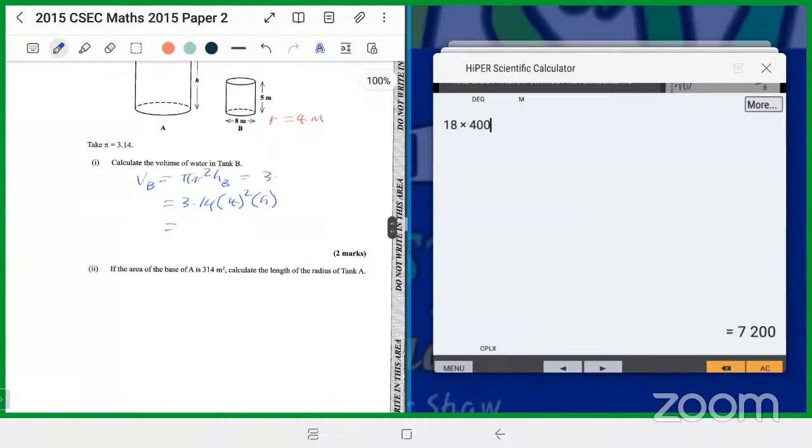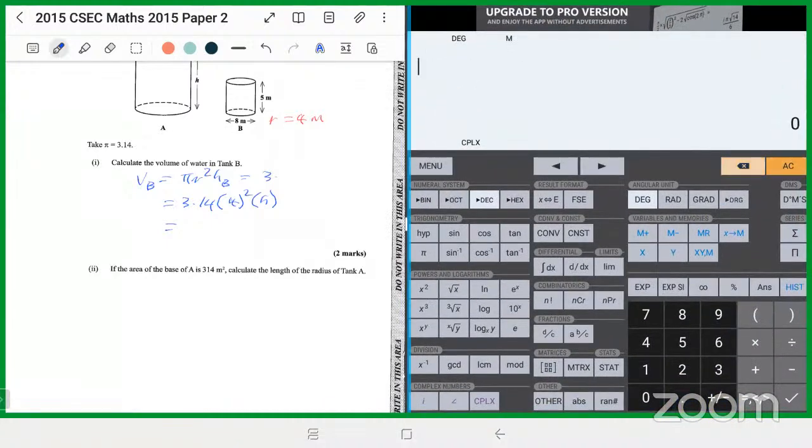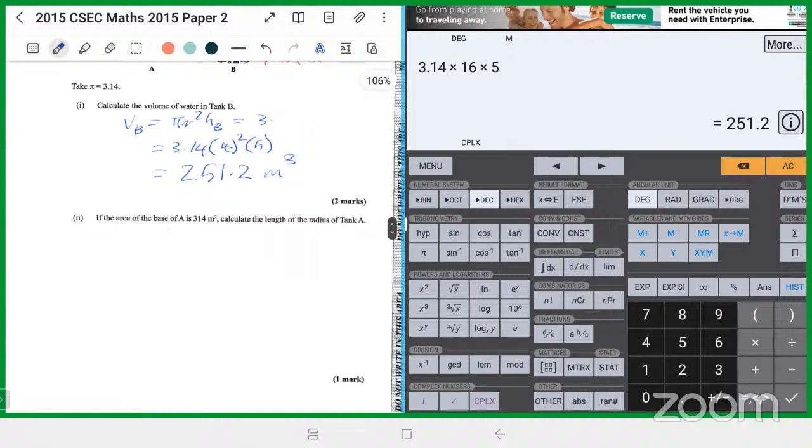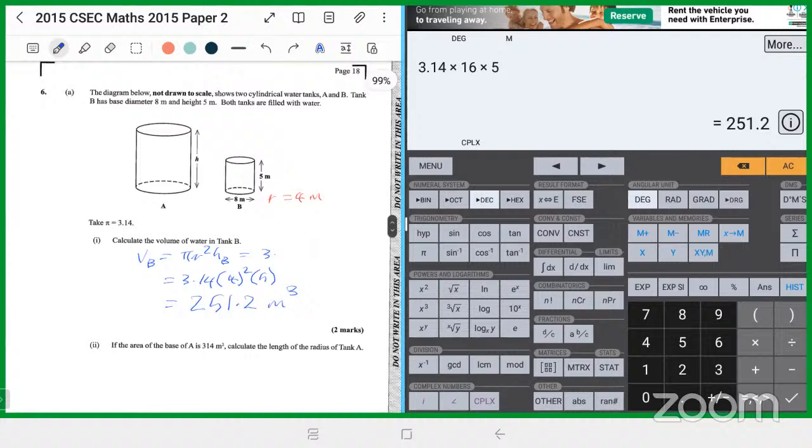So it's 3.14 times 4 squared, which is 16, times 5. That gives 251.2 meters cubed.